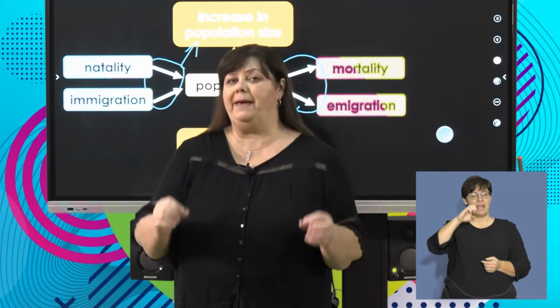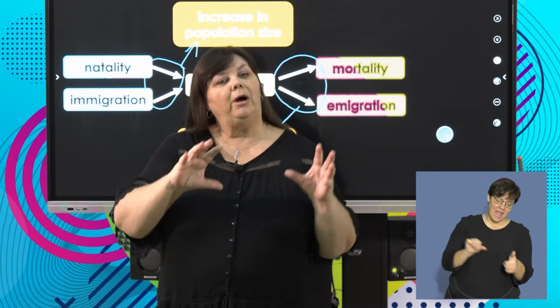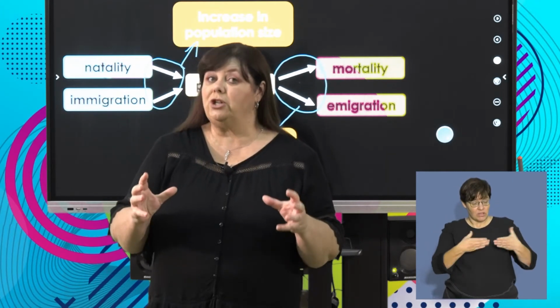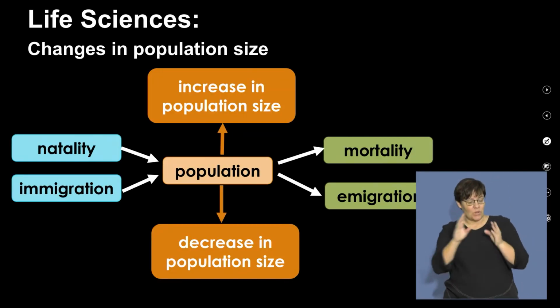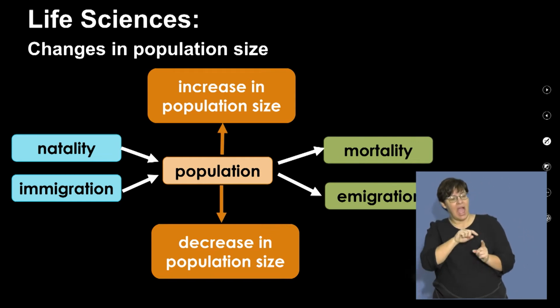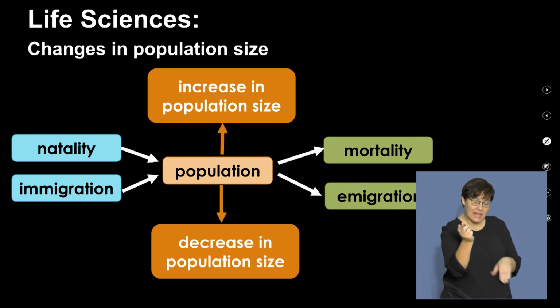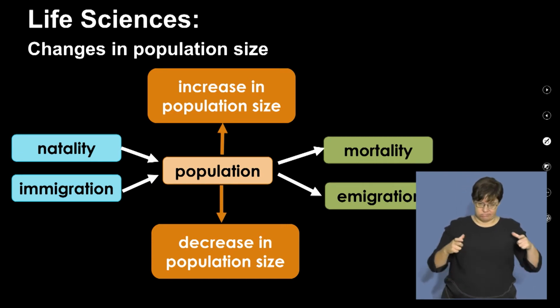We're going to come back to this concept again and again, but our population is hardly ever static in terms of size. New individuals are being added. Old individuals are dying. Individuals are moving in and individuals are leaving. And so over time, our population size is going to change.